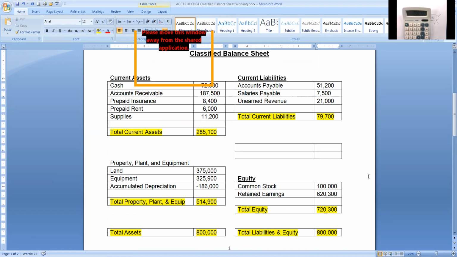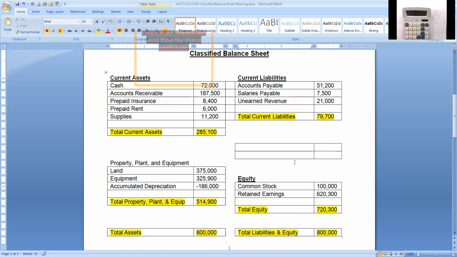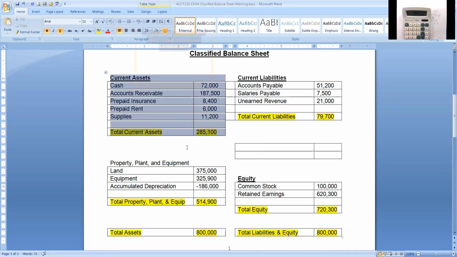Yeah, so this is our way of kind of breaking it up. And again, companies do not have to have all the categories. Usually companies will have some long-term liability. In this case, they don't have any. But most companies, the bulk of what they have is going to be in current assets.